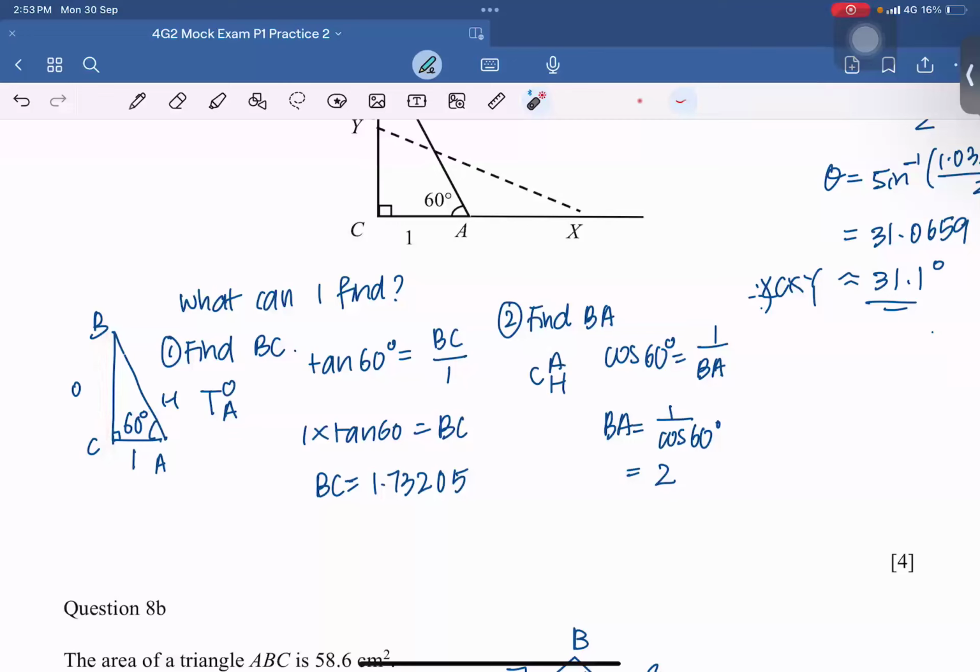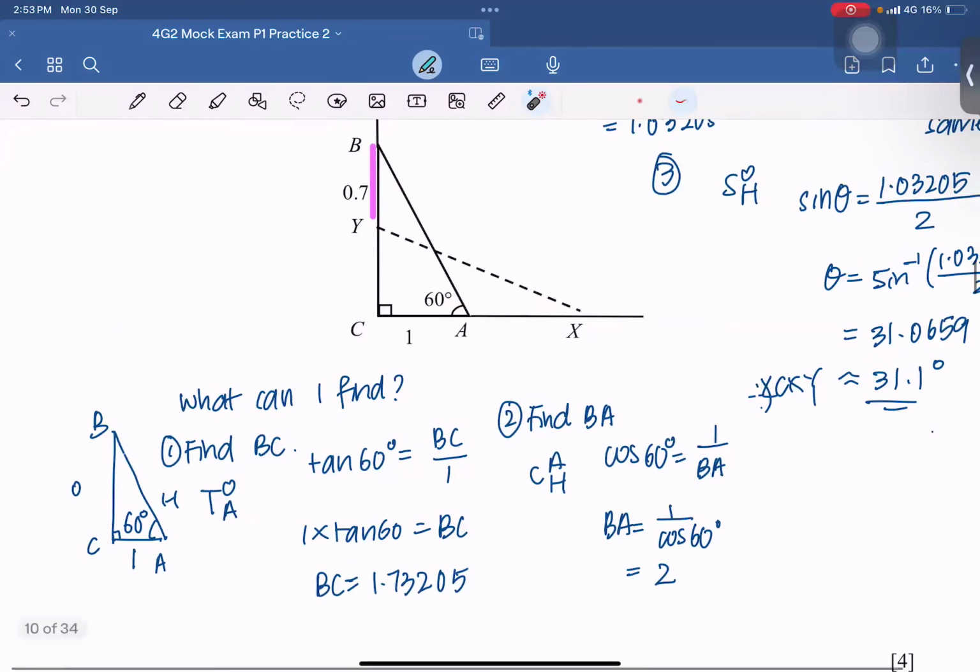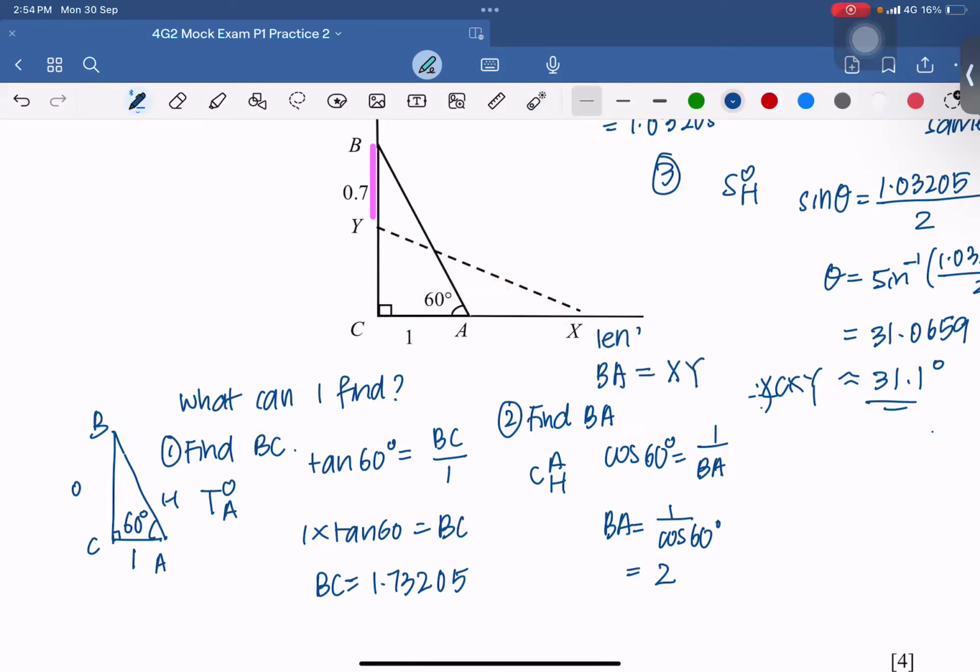Next one, what else can I find? I know the ladder slides down to the other side. So when it slides down to the other side, the length of the ladder stays the same. BA equals XY. The ladder stays the same.